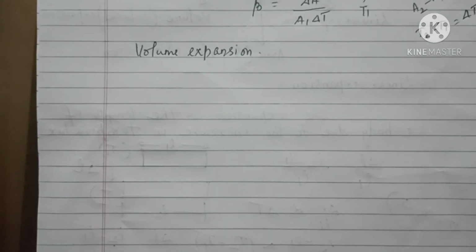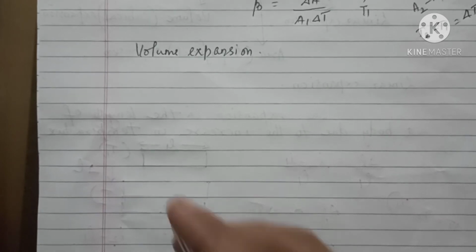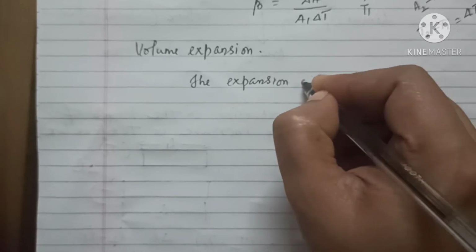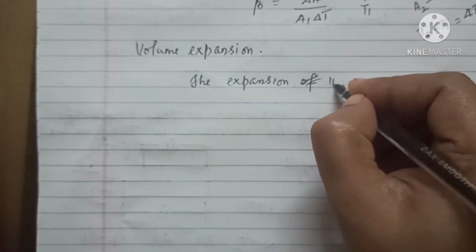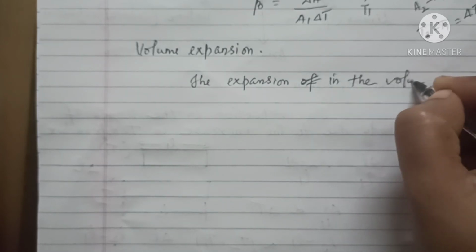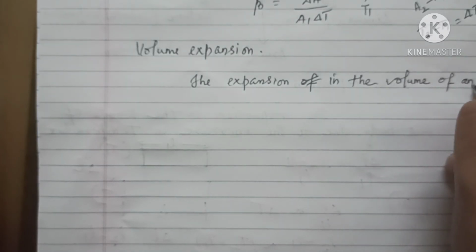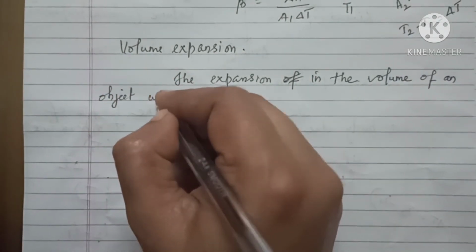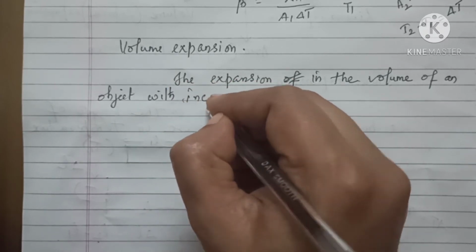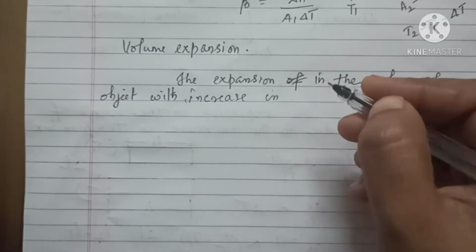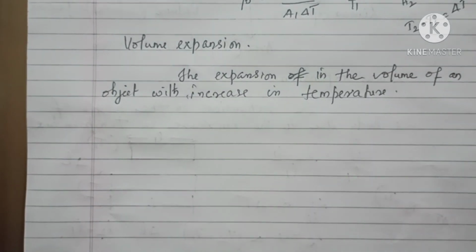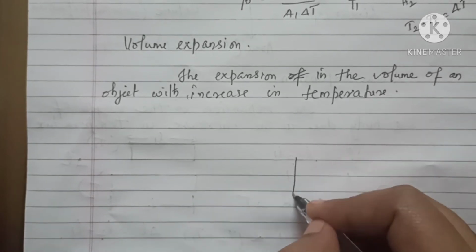The expansion in the volume of an object due to increase in temperature, the expansion in the volume of an object with increase in temperature, that is known as what? Volume expansion. Clear? That is, for example, if you are considering a cube like this.